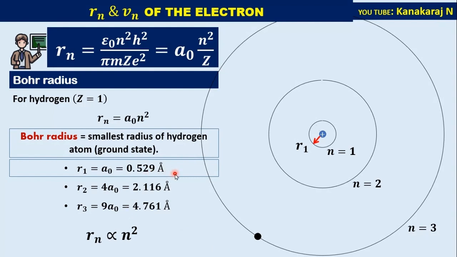The radius of the second orbit is R2, which is 4 times R1. We found that as 2.116 Angstrom. The radius of the third orbit is R3, which is equal to 9 times R1 equals 4.761 Angstrom. The gap between the orbits increases as we go outward.